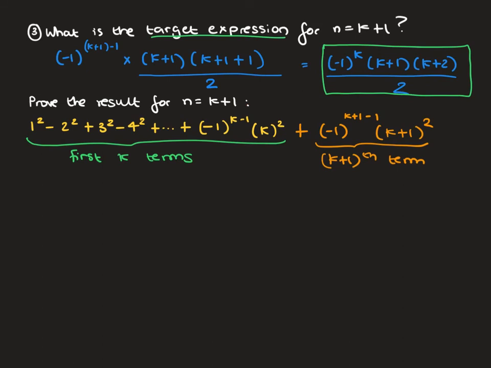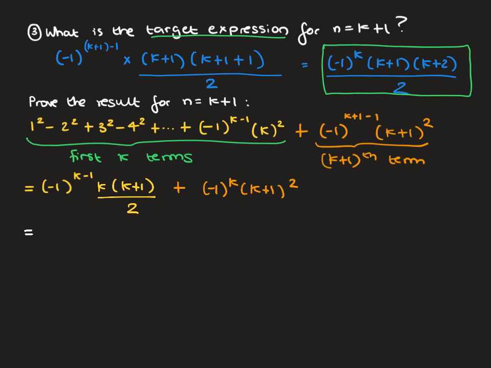Okay, now the part in yellow we have assumed to be equal to negative 1 to the k minus 1, k bracket k plus 1 over 2, and then we're adding on this k plus 1th term, which of course is just negative 1 to the k plus 1 squared. Now here comes the factorisation, crucial to this process as you can see.